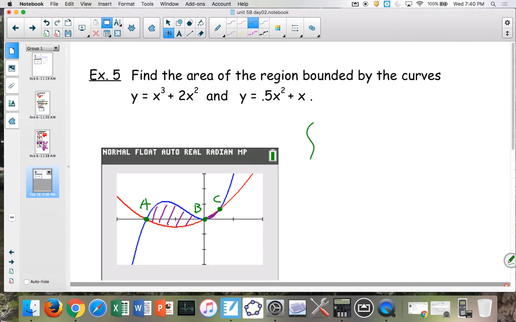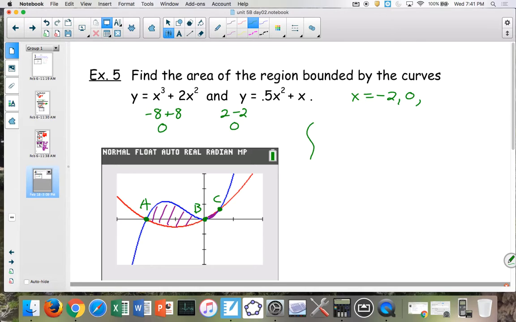It looks like negative 2 would work. So negative 2 does work. It also looks like 0 works. And yes, y equals 0 when x equals 0 for both those equations.